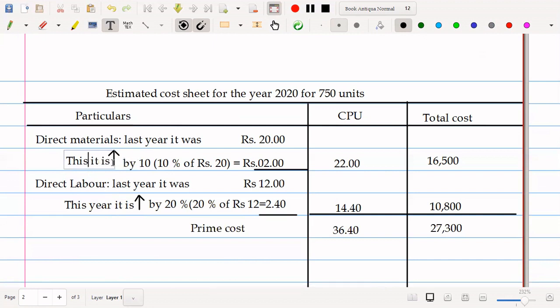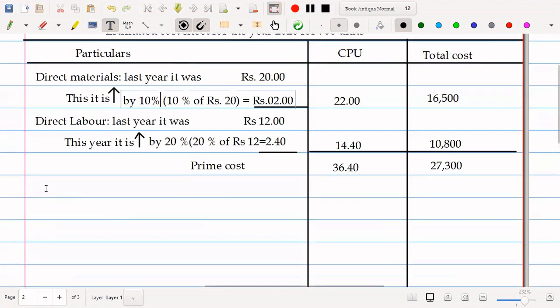So this year it is increased by 10%. So take it as 10% here. And next, factory overhead.